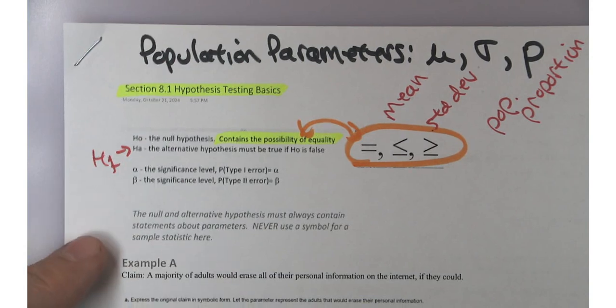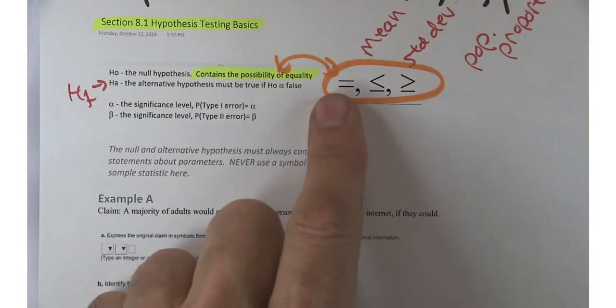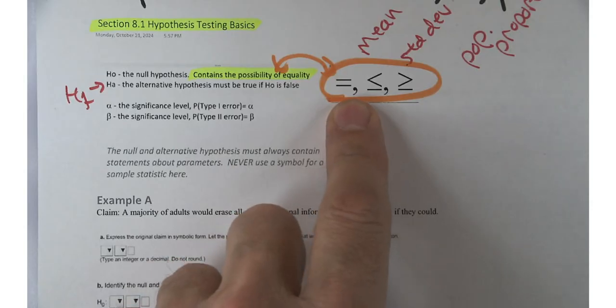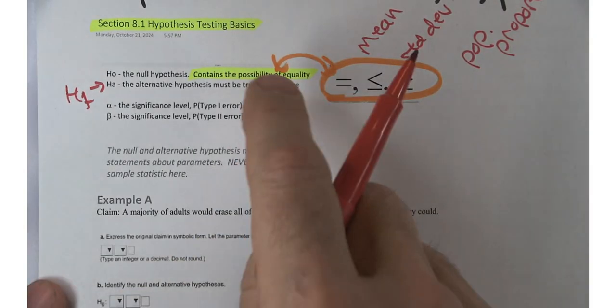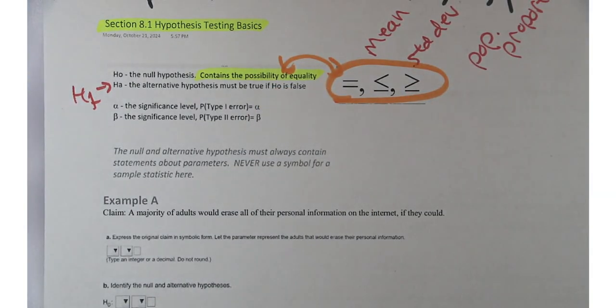And the same thing is going to be true with our hypothesis test. So our hypothesis test has to start out with an H naught that contains the possibility of equality. So that always has to be true of your H naught. Your HA is kind of like everything else. So let's see an example of that.